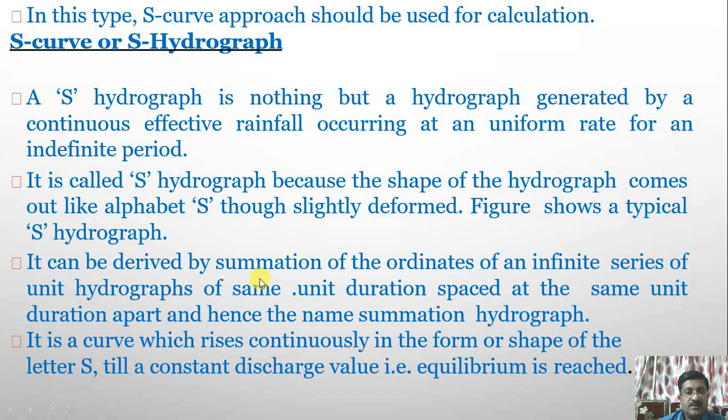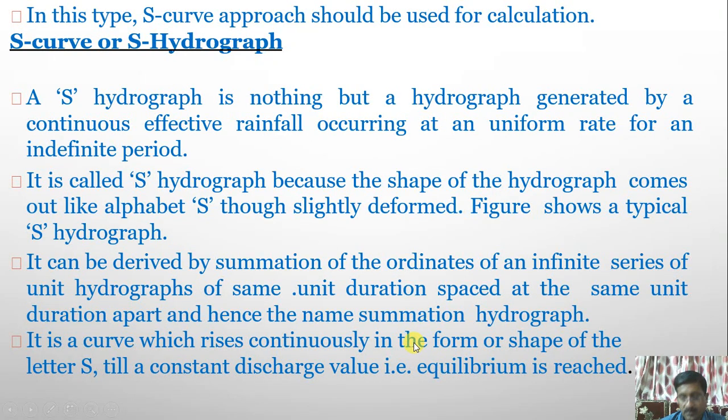It can be derived by summation of the ordinates of an infinite series of unit hydrographs of the same unit duration spaced at the same unit duration apart, and hence the name summation hydrograph.